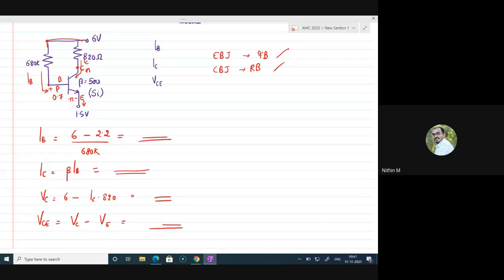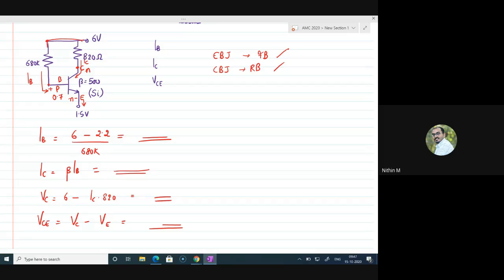That is right, Pradimna. Yes, Bhavana, it is 2.2. Any more answers? Yes, Irshad, it is not minus. How come you got a minus sign?